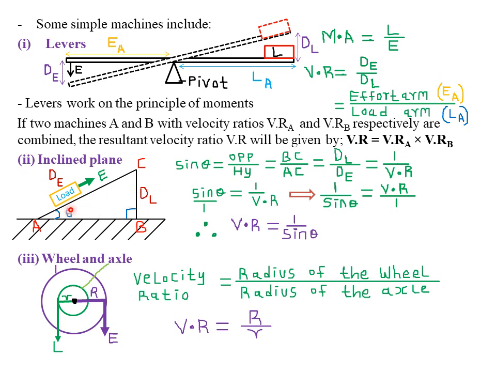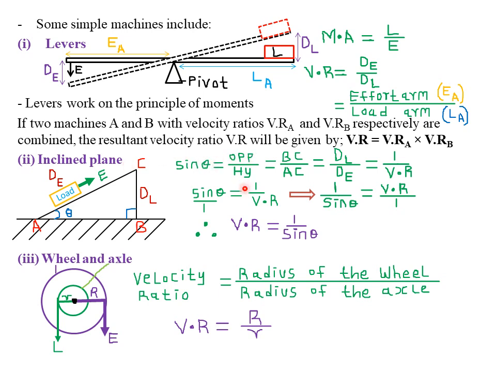Then the adjacent side is always the side making your angle, that is the side connecting the angle that you want to find, angle theta, and the perpendicular at the 90 degree vertex. So this particular side AB is adjacent to this angle. Then of course side AC will be the hypotenuse, which is the longest side of any right angled triangle.